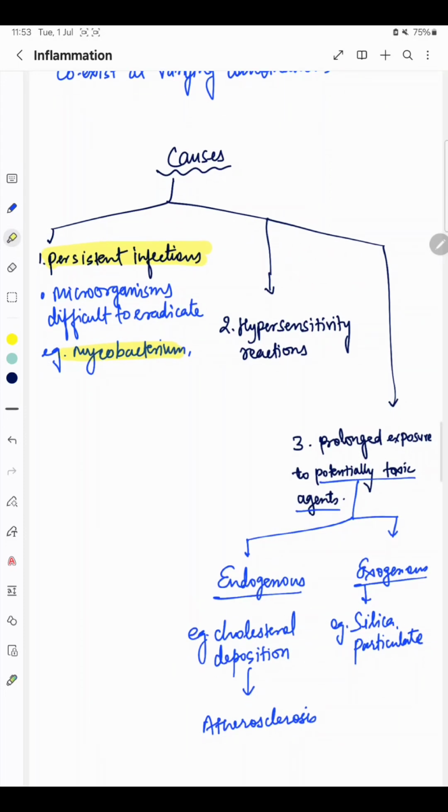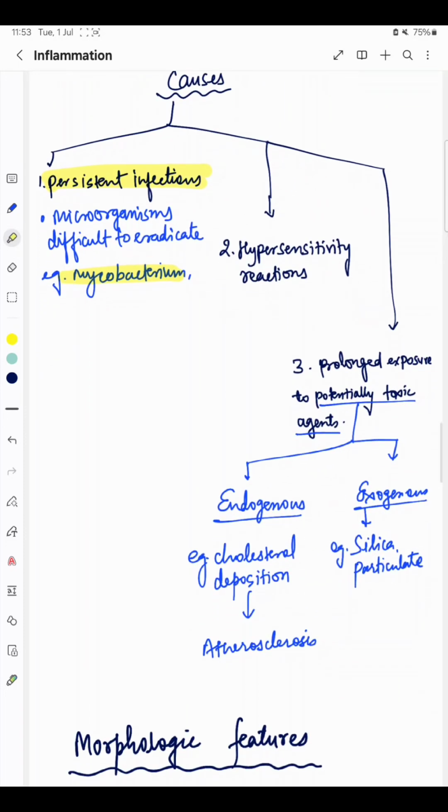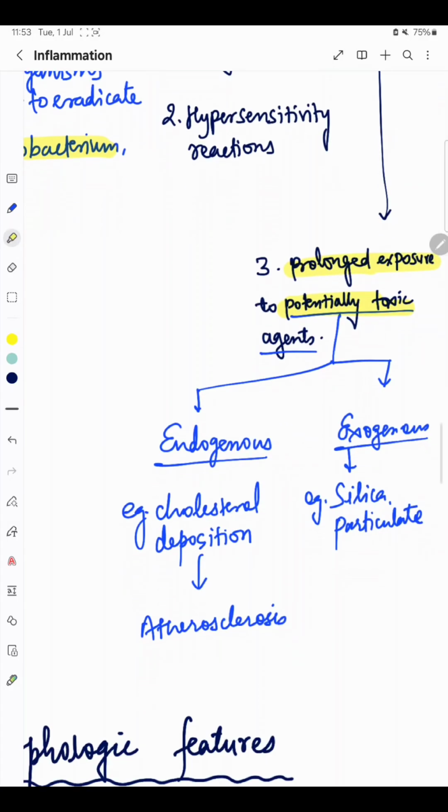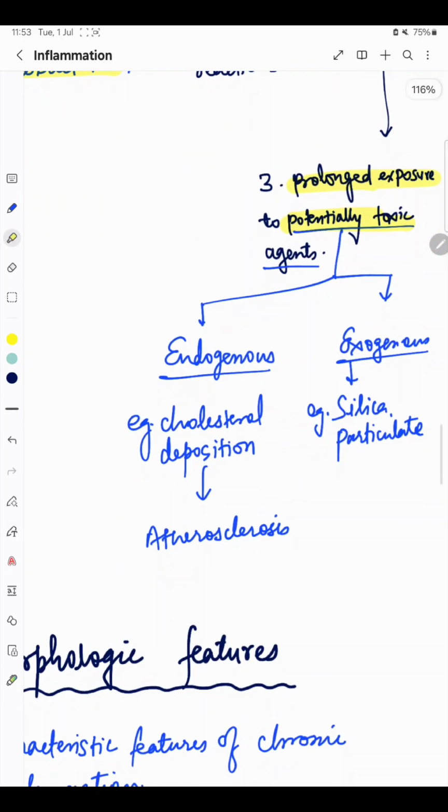Hypersensitivity reaction can also result in chronic inflammation. Prolonged exposure to potentially toxic agents, which can be endogenous or exogenous.